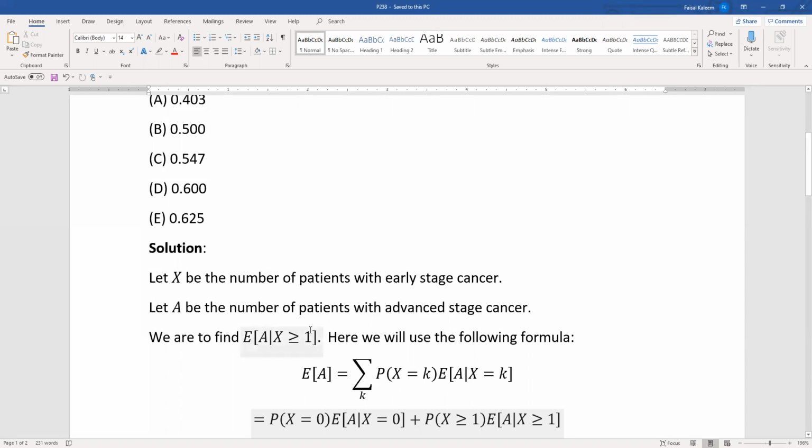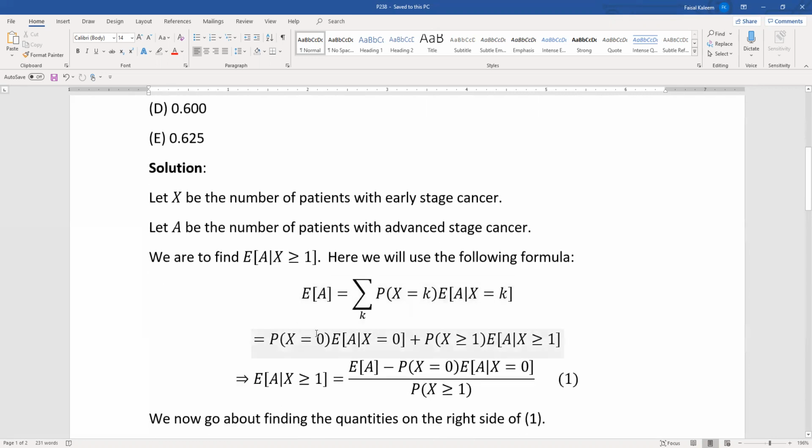Now, the formula that is going to be used here is this, that expected value of A is equal to summation of probability X equals K times the expected value of A given X equals K. So the expected value of any variable can be broken into a sum like this.